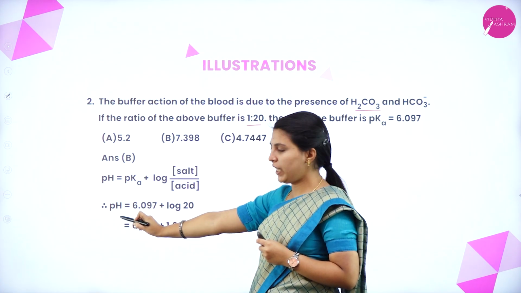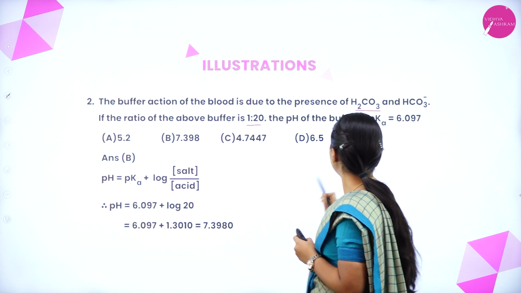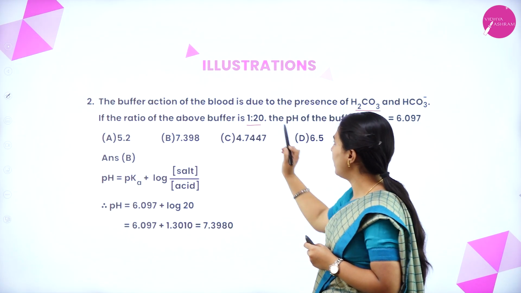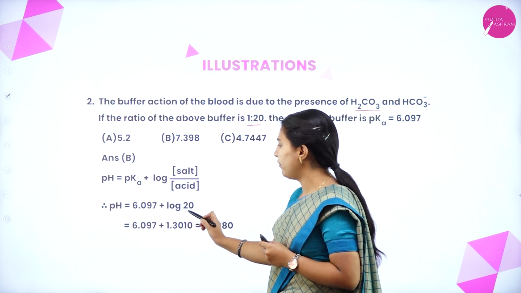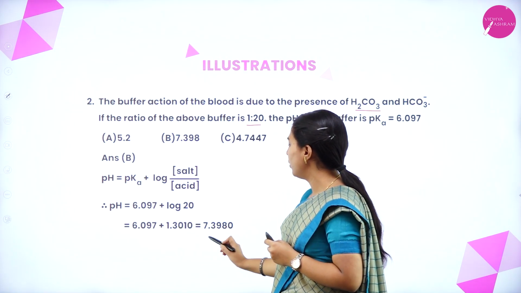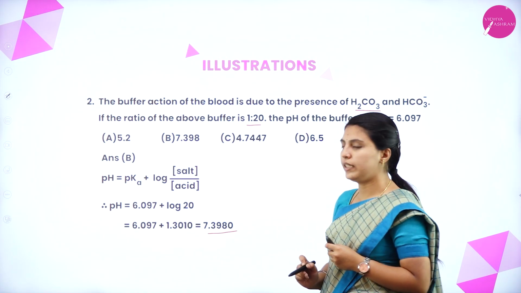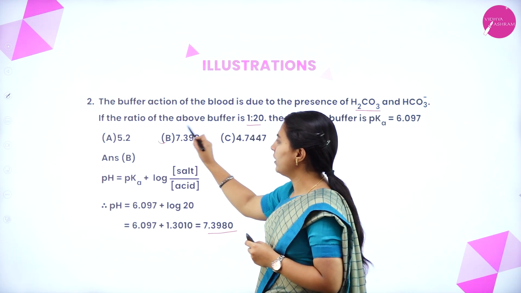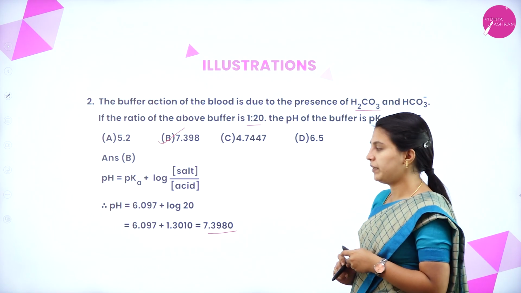So pH equals 6.097 plus log 20. Log 20 is 1.3010, so your answer will be 7.3980. Here the answer will be B.